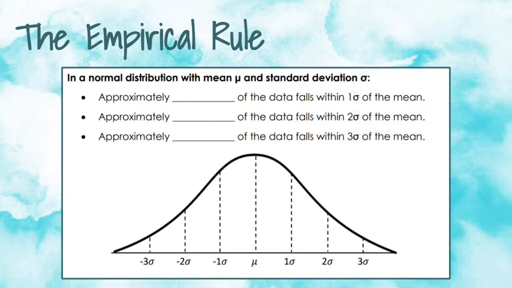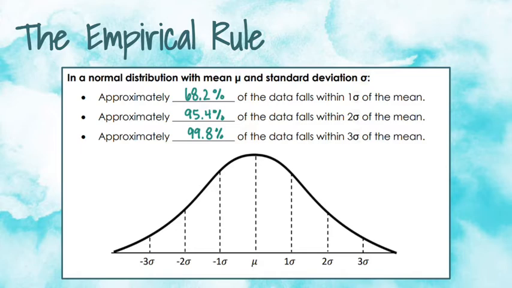So the empirical rule tells us that approximately 68.2% of the data falls within one standard deviation of the mean, and approximately 95.4% of the data will fall within 2 standard deviations of the mean. And finally, 99.8% of the data should fall within 3 standard deviations of the mean.